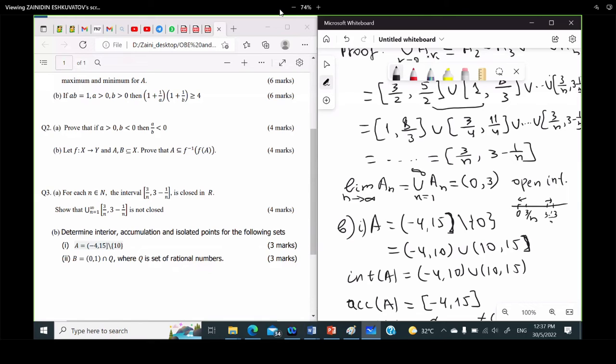If I have 3 plus 1 over n, then 3 is included, because it is approaching from the right to the left. Understand? If I say 3 plus 1 over n, then it approaches from the right side, then 3 is included.